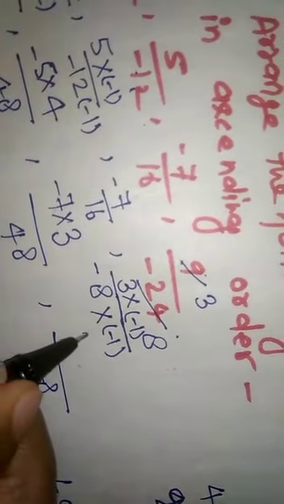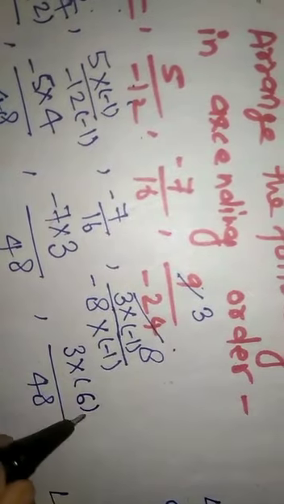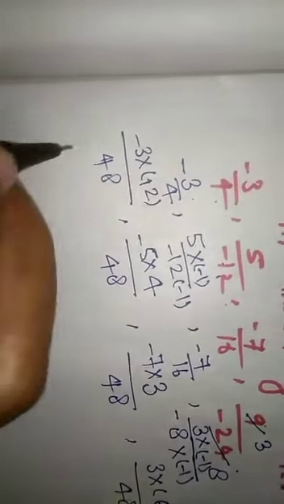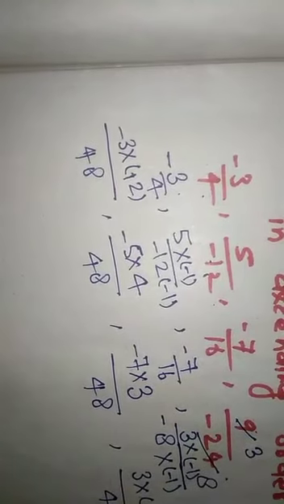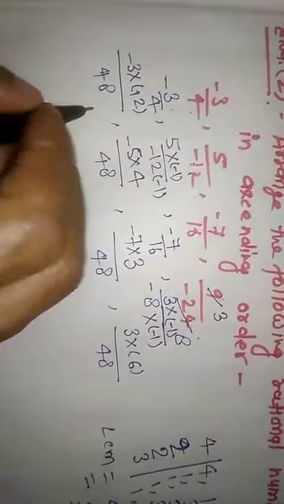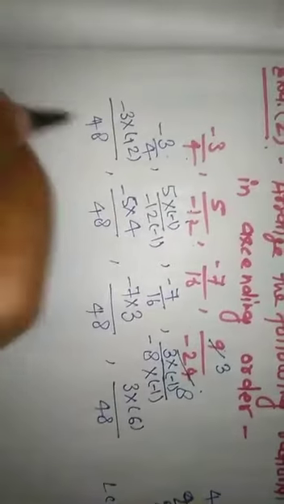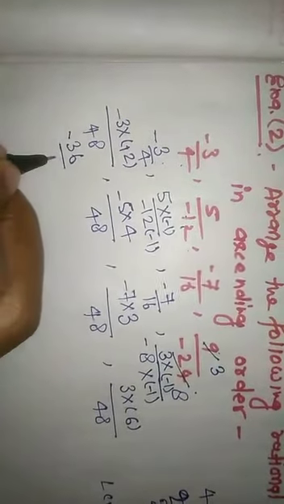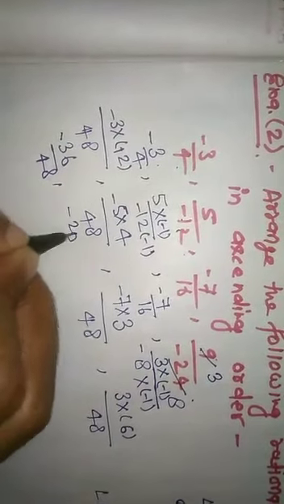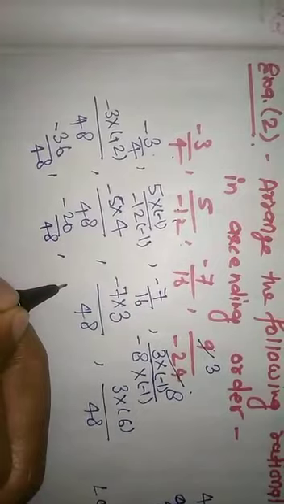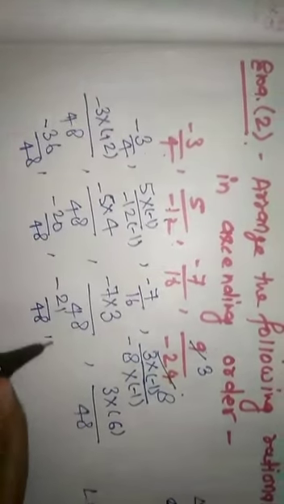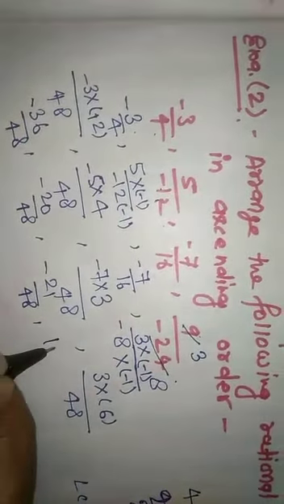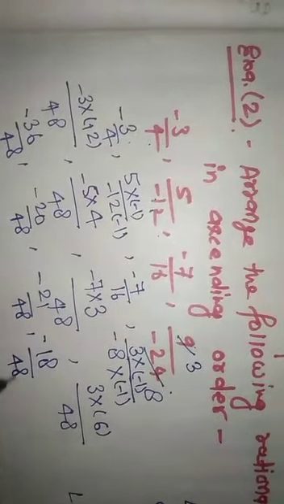What do you get? 6. Now your next step will be to multiply. 12 times 3 is minus 36 by 48. 5 times 4 is minus 20 by 48, minus 21 by 48, and 3 times 6 is 18, minus 18 by 48.